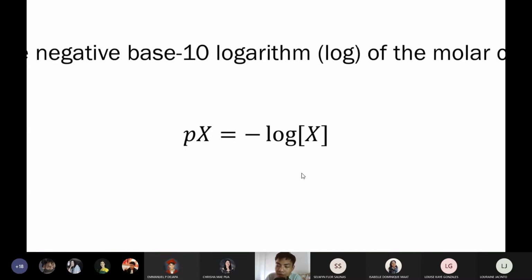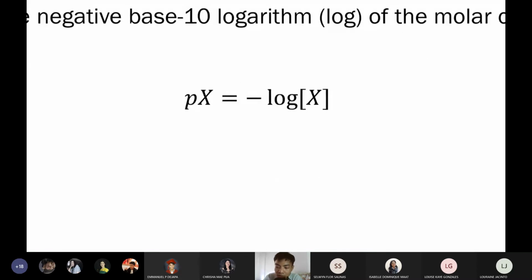Ano yung p-value na familiar tayo? Yung pH. So that means pH is just the negative log of the concentration of H in your solution in ionic form, H+. Okay? Ano pa? pOH.